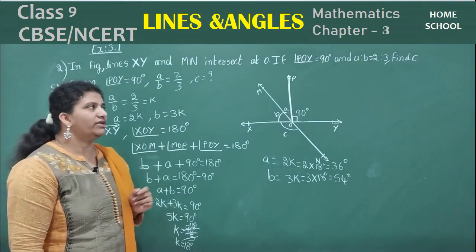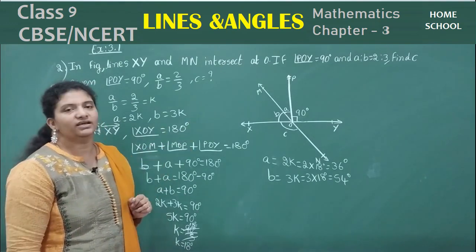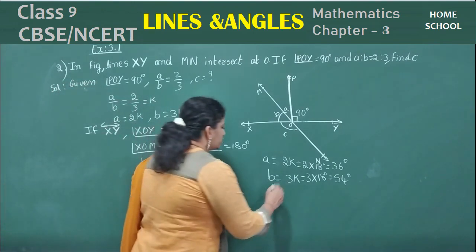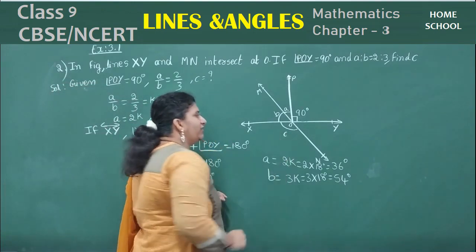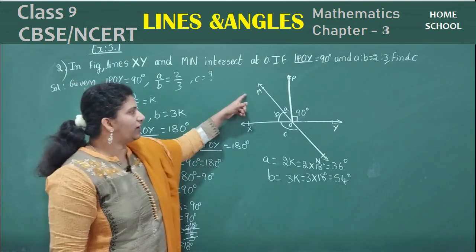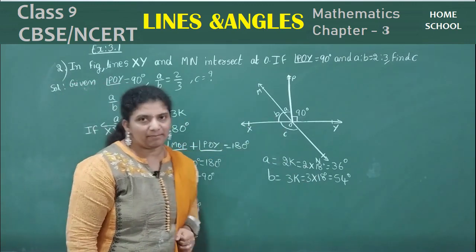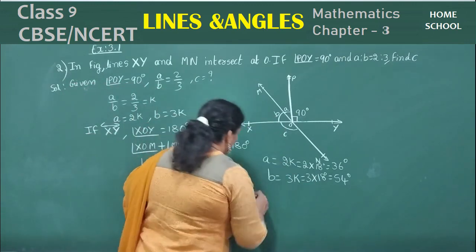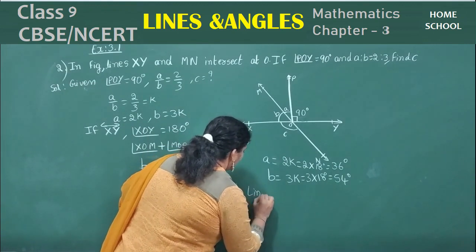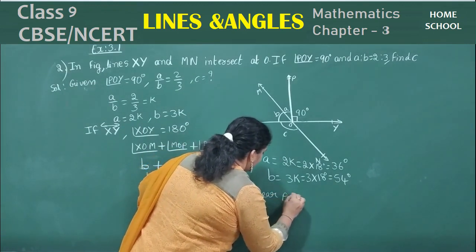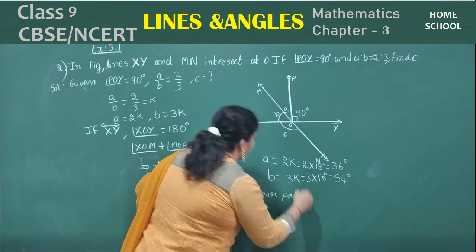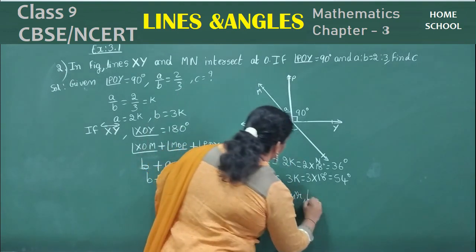So next what we need to find? We need to find C. So what is this C? How can we find C? Again you consider a straight line MN. Linear pair. Linear pair you can take. What is that linear pair here?